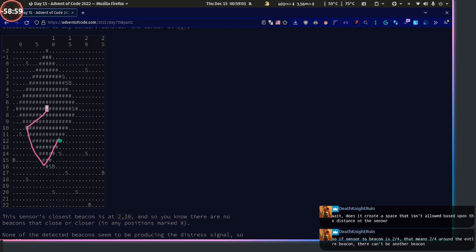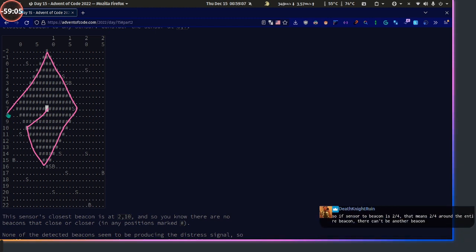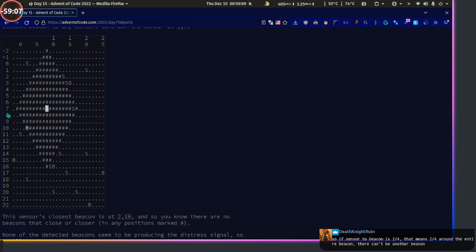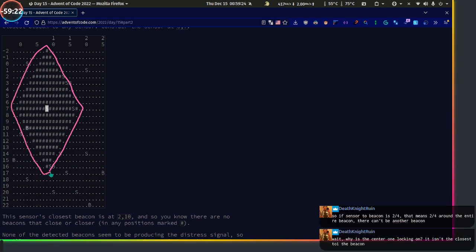So this is a diamond of there are no beacons here. Yeah, kind of like that. Which means somewhere on the edge is where our beacon is. So it's somewhere on the edge. And I calculated that brute, but the efficient version is where I can't get.